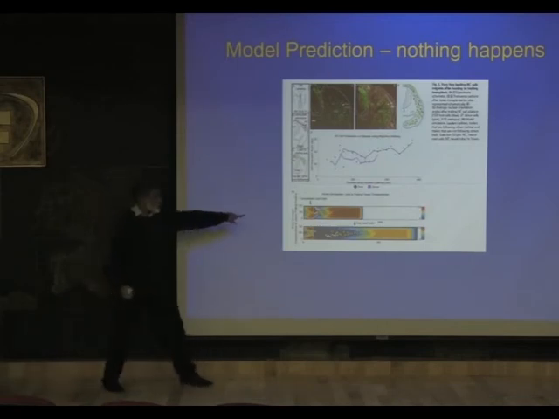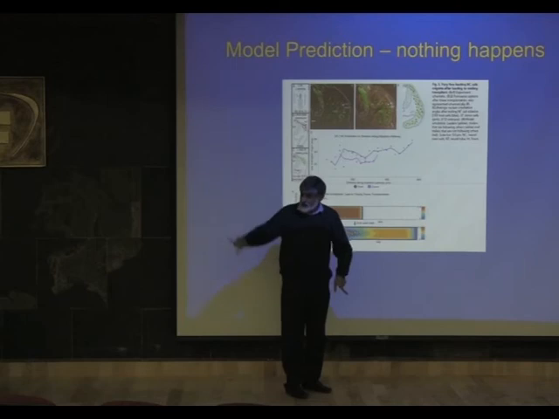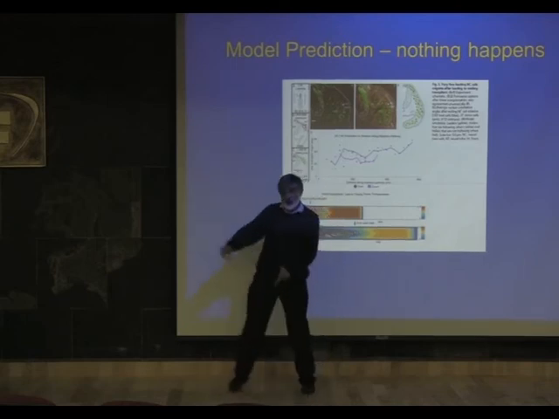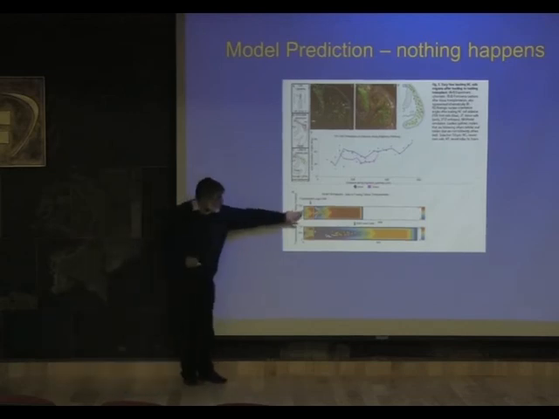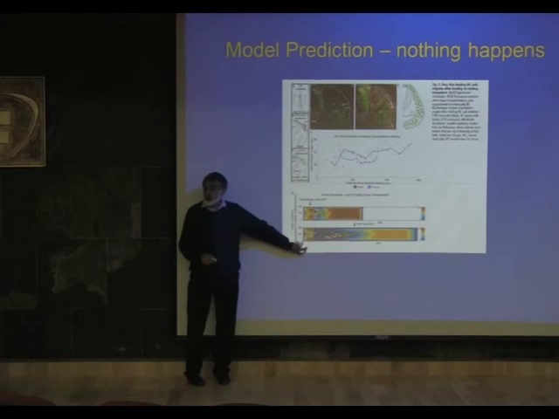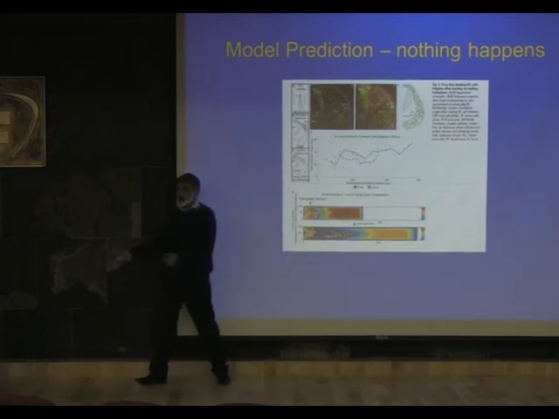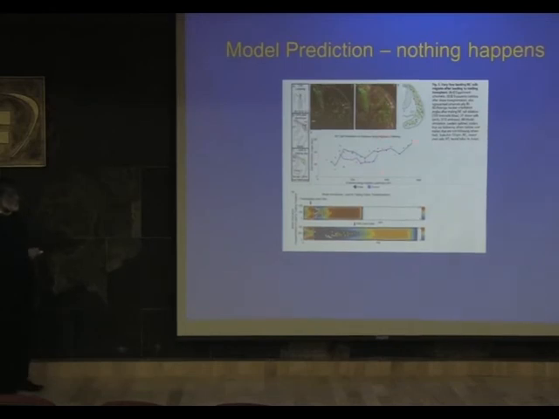So now, instead of the cells going in this direction, the VEGF gradient is in this direction. So cells are going to stay put. So the model predicts that nothing will happen. The cells will stay where they are. So the model is wrong because this experiment here shows that the cells move.